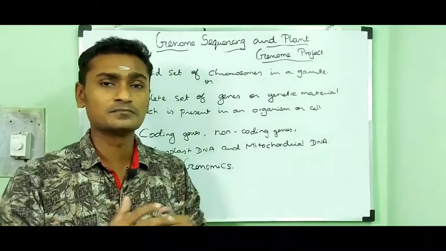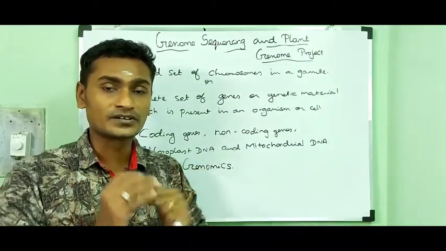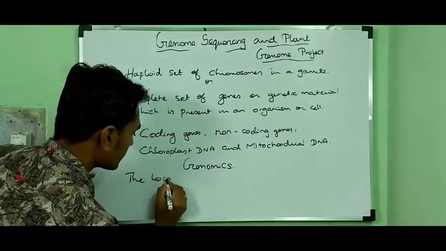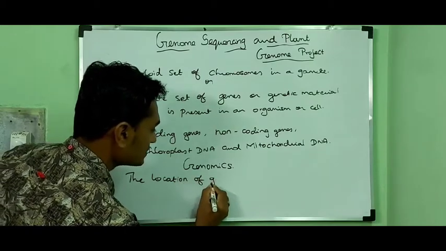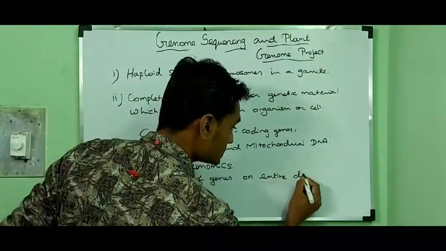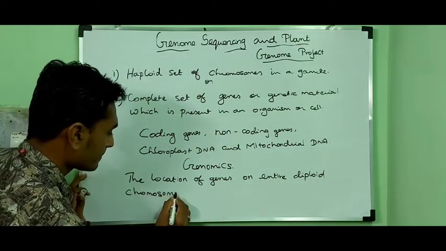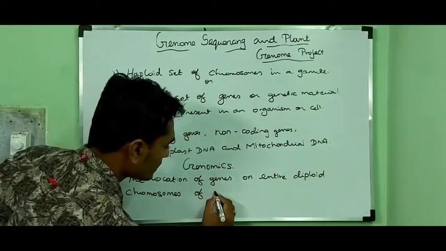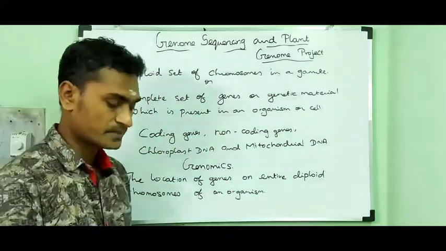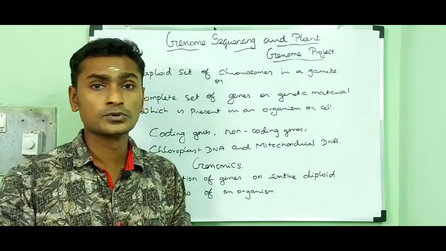Genome sequencing is nothing but the location of genes on the entire diploid chromosomes of an organism.